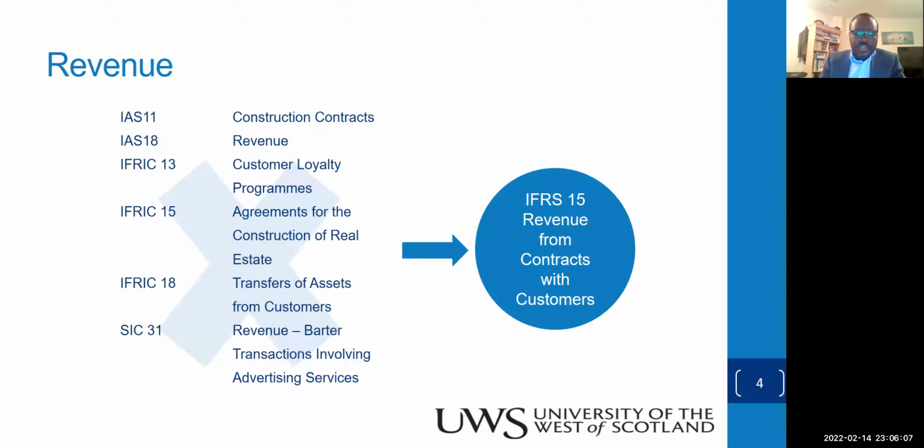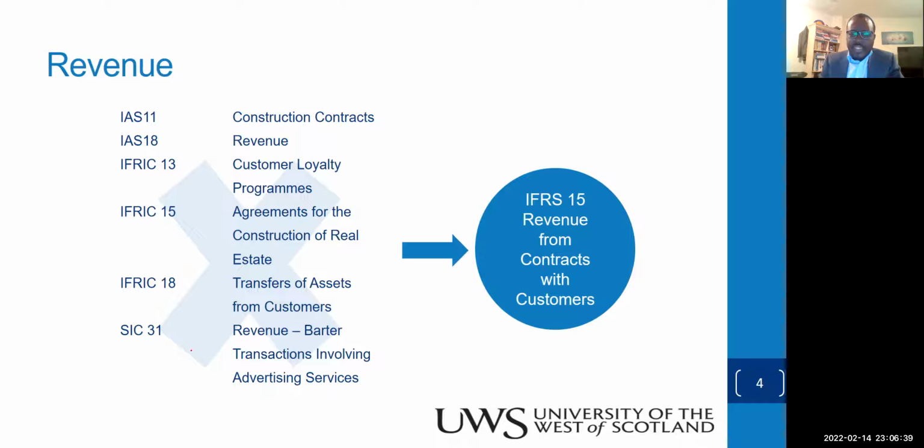It's so interesting to know that revenue recognition has evolved over time. Gone were the days we had IAS 11, construction contracts. IAS 18, typically that was what was covering revenue. And then we have the IFRIC 13, 15, and 18, which deal with some elements of revenue: customer loyalty programs, agreements for real estate construction, transfer of assets from customers.